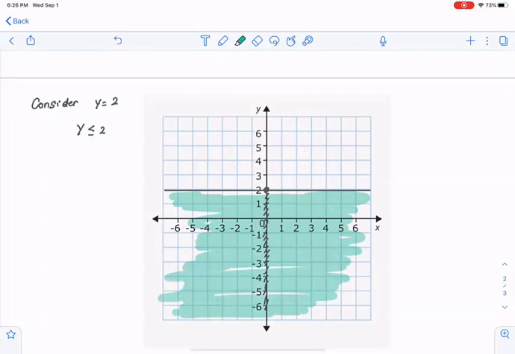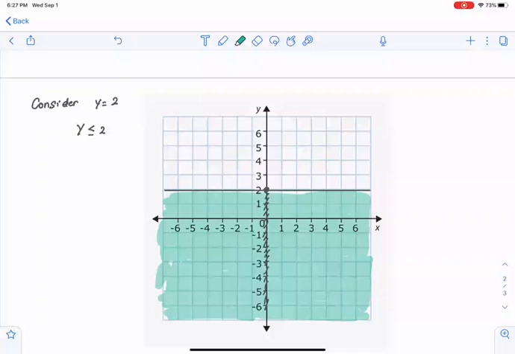But here, all of those would be a solution because y does not depend on x. So for any value of x, we will have a corresponding y value and it will satisfy this inequality. And that entire region would be a solution satisfying less than or equal to. And notice we put a solid line because of equal sign.